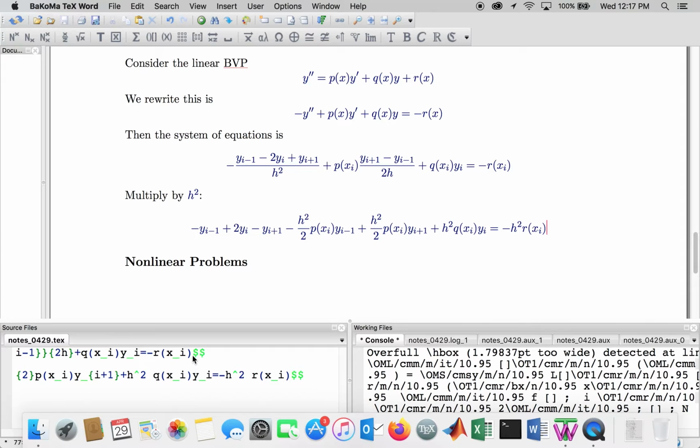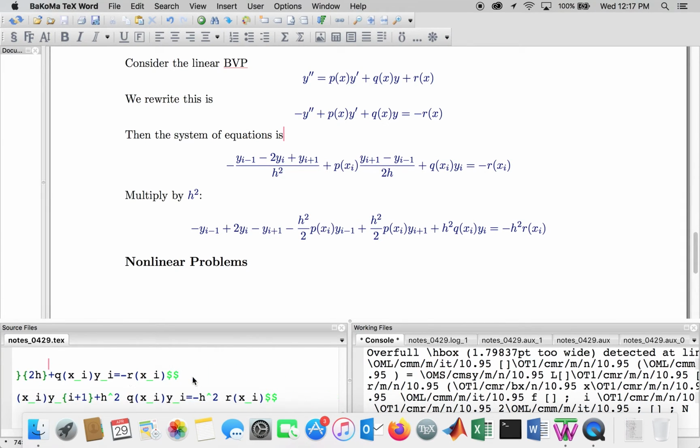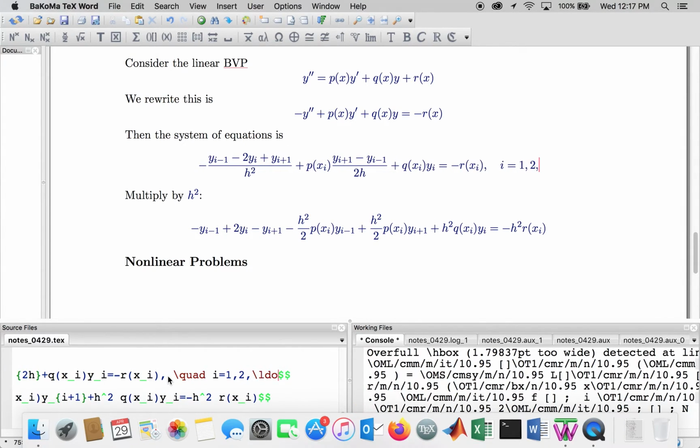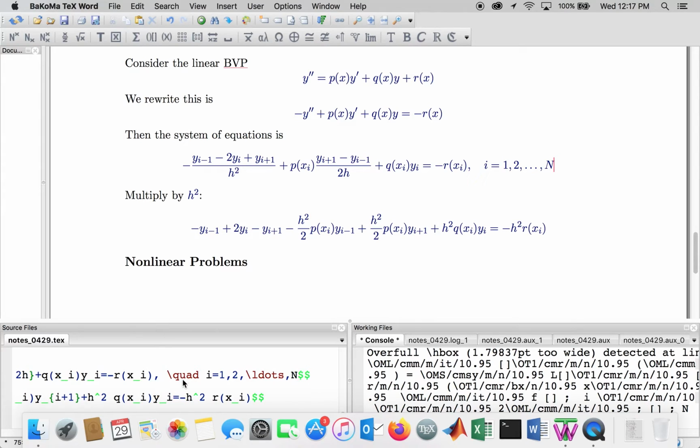Now, these equations are defined for i going from 1 to n to cover all the grid points.